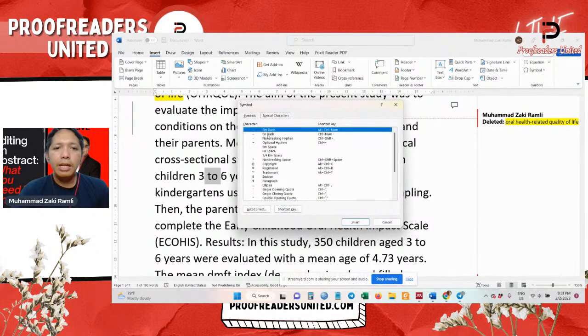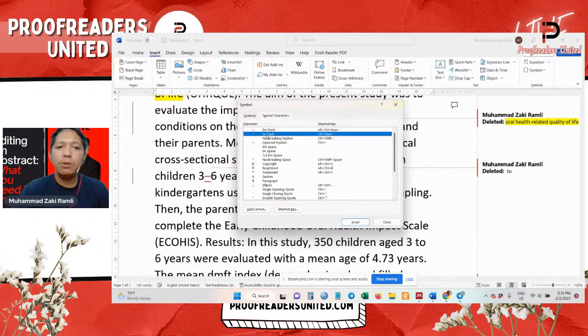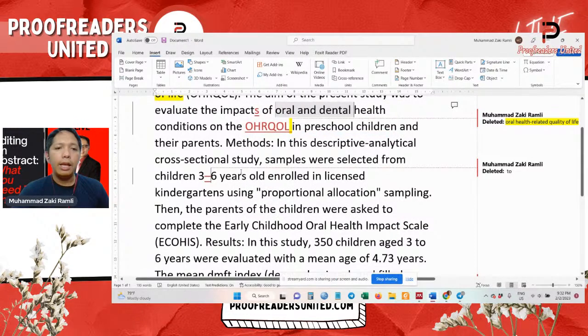Under Special Characters, we have the em dash and the en dash. For this one, it's best to use the en dash. There are two ways: we can double click on the option or click on Insert. Just now I clicked twice with my mouse, and that's why we can already see here the word "to" has been deleted and the en dash is replacing it. Now the count is 195.